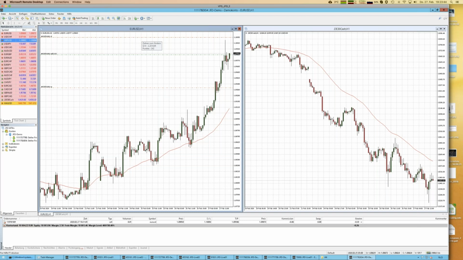That's always good, especially the stop loss is very important to have. That's how you can place trades. You can close them, you can open new ones. It's really easy. You can do everything directly out of the chart, so it's quite convenient.